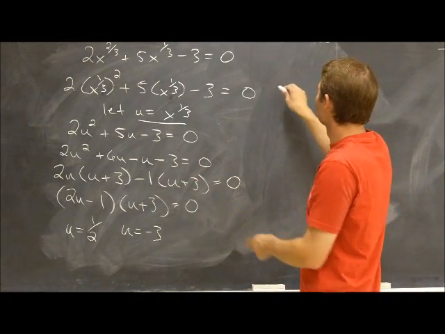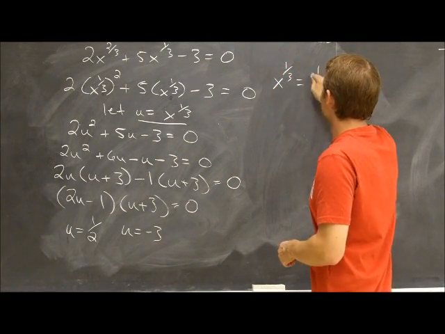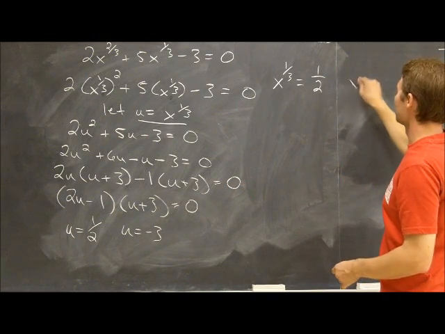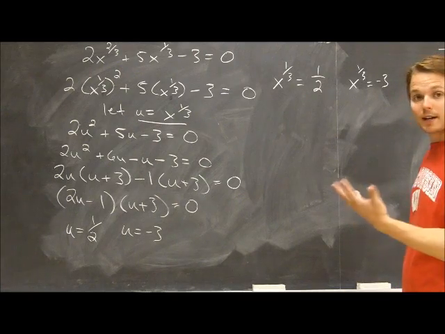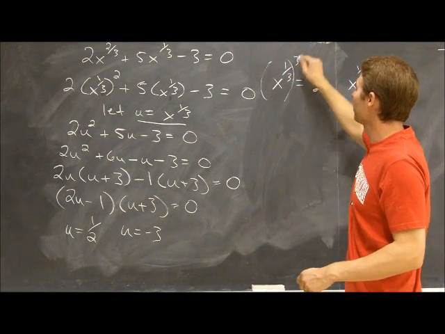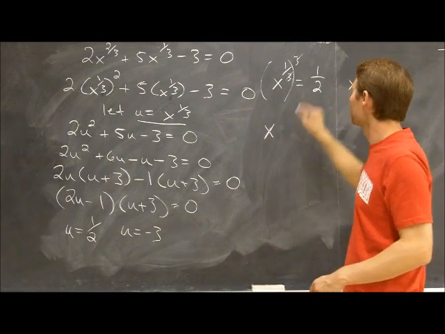So instead of u equaling 1/2, I'll think of this as x to the 1/3 equaling 1/2. And instead of u equaling negative 3, I'll think of this as x to the 1/3 is equal to negative 3. Now to solve for x, I can just get rid of this 1/3 by cubing both sides, because the 3's will cancel out, and I'll end up with x to the first.